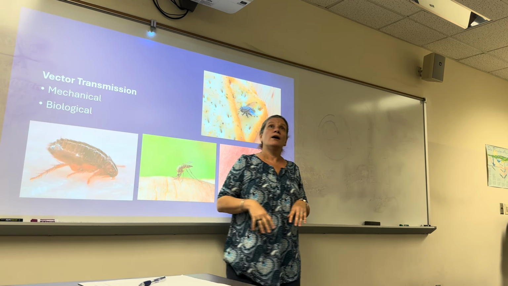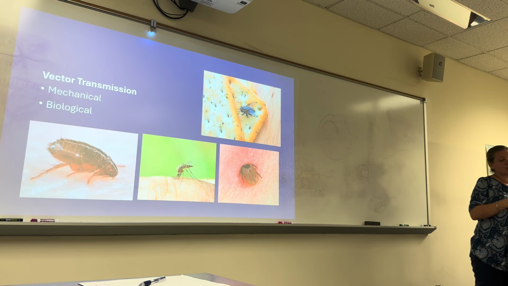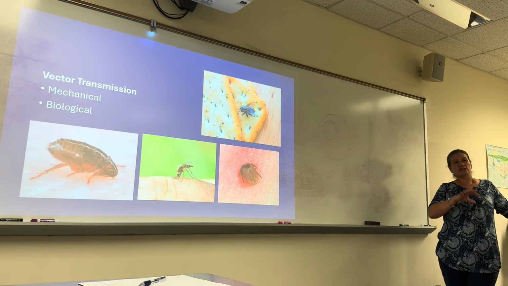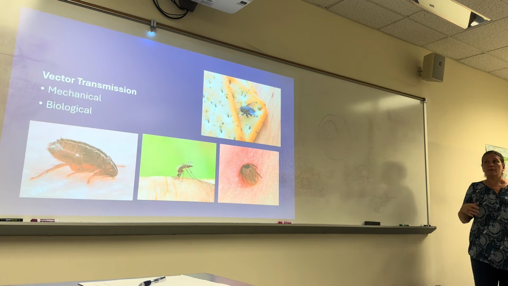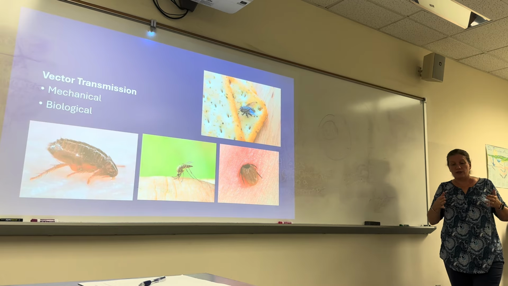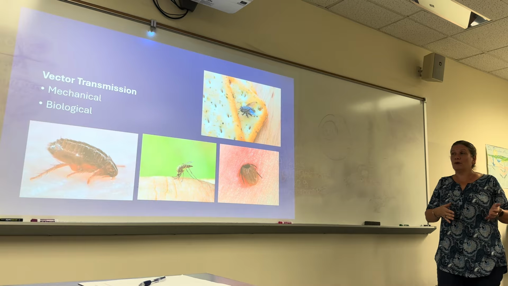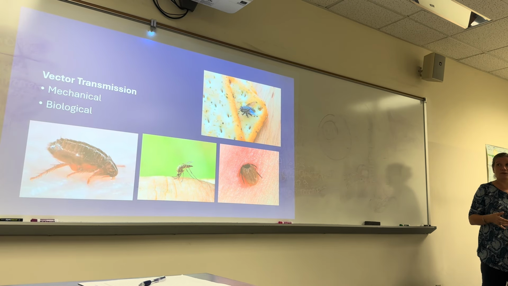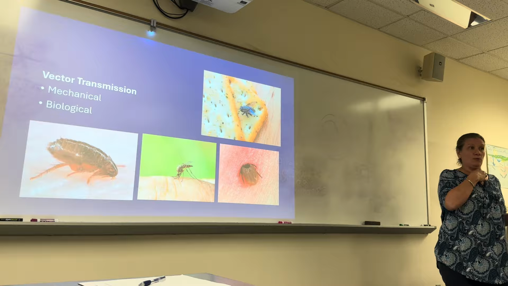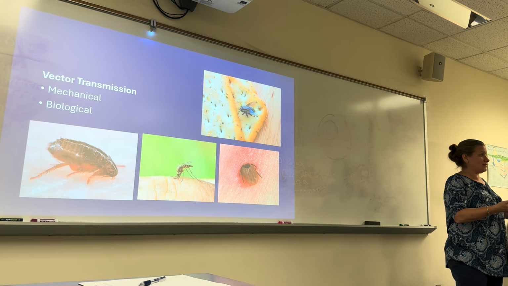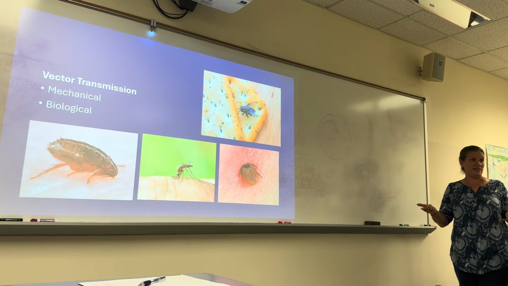The mechanical vector is one in which the vector is just transporting, much like a bee transports pollen from flower to flower, okay? The mechanical vector is an animal that lands on the food, such as a fly, most commonly brought up as an example for a mechanical vector. But where do flies generally go? To meats, to feces, right?